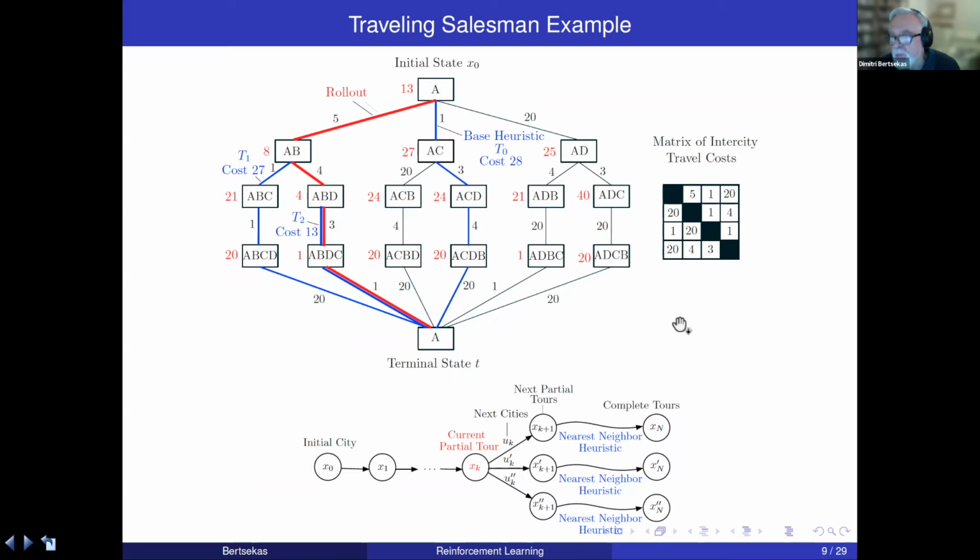The exact dynamic programming calculation is impossible to do. But with rollout, we're able to do this calculation much more simply. So it's a very simple and also very reliable way of overcoming this curse of dimensionality and the difficulties of exact dynamic programming.